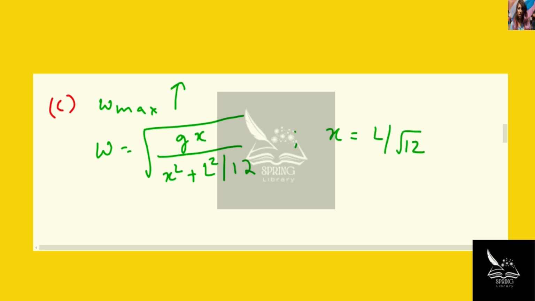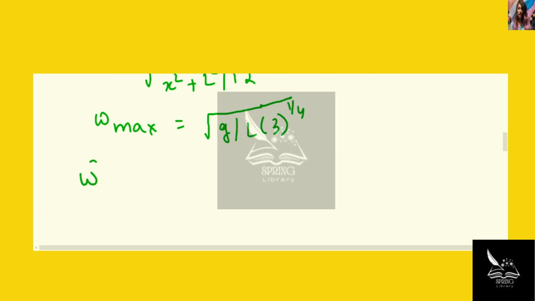This is the case for omega max. Therefore, omega max when we calculate will be equal to, after taking many commons, at last we get omega max is equal to root of g upon L, 3 raised to 1 by 4. This is what we get.